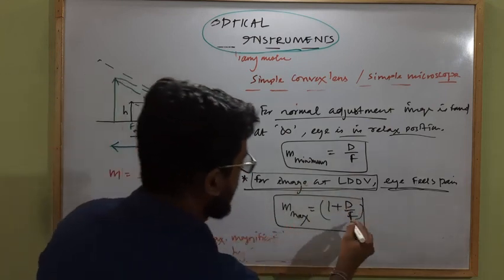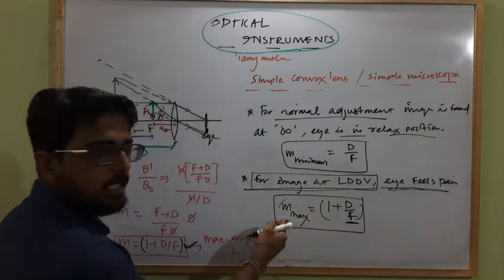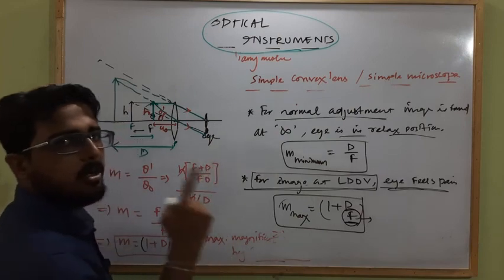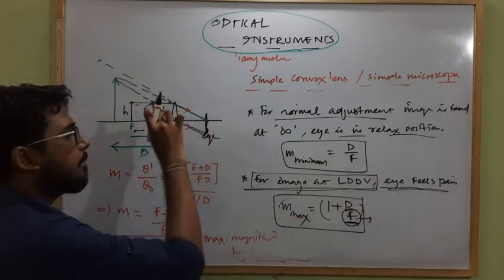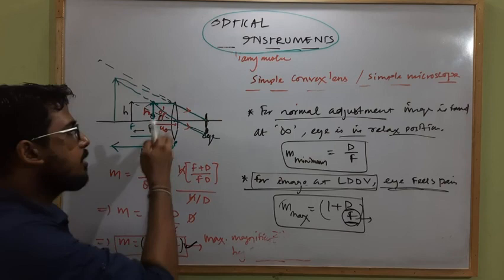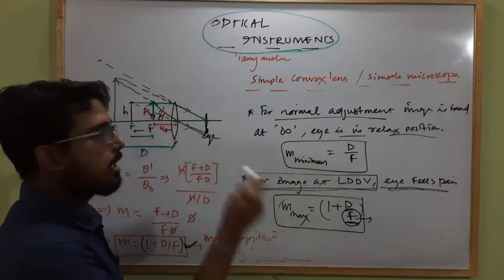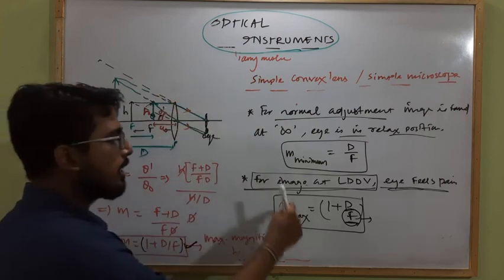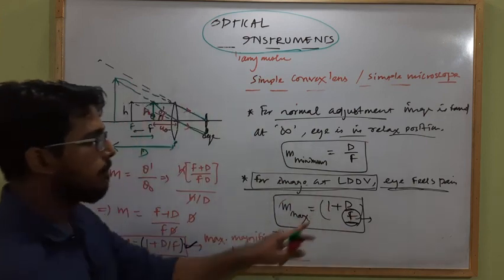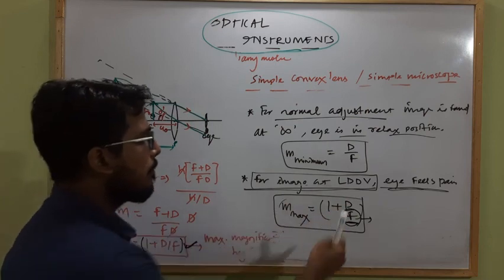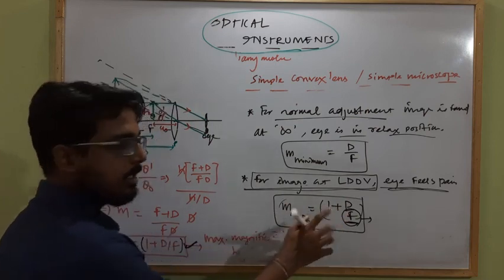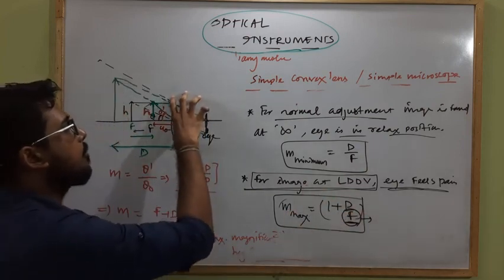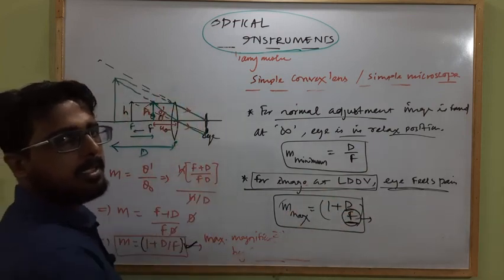If we further decrease f, the magnification will increase, but a further decrease in f for a lens is not possible, because a lens having very small focal length is more difficult to manufacture. That's why we can't make a simple microscope of very small focal length. So we can't increase the magnification very much by a simple microscope. Clear?